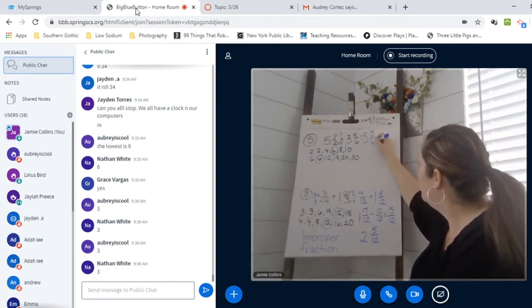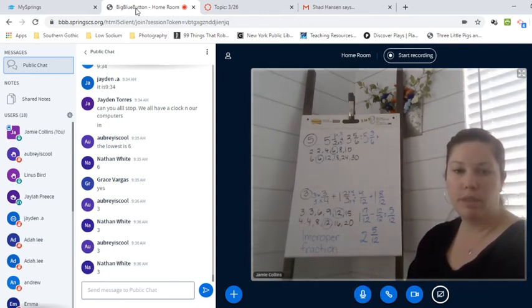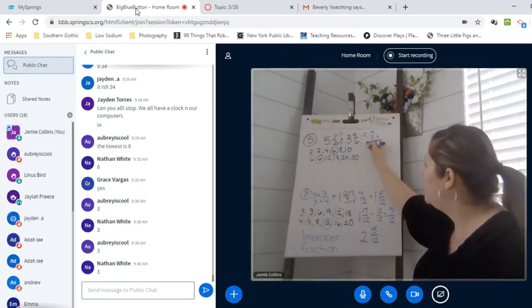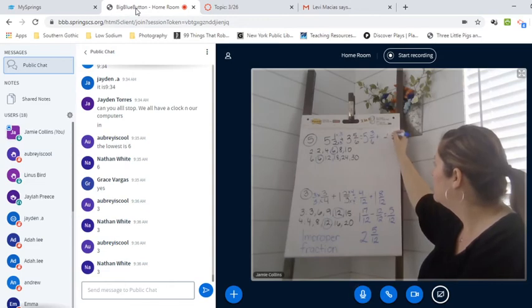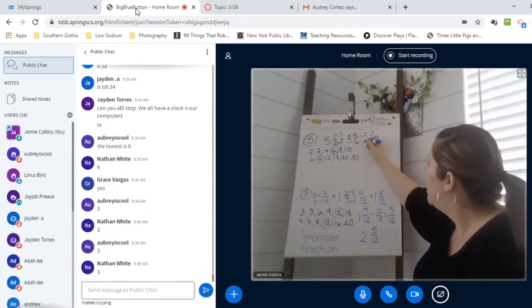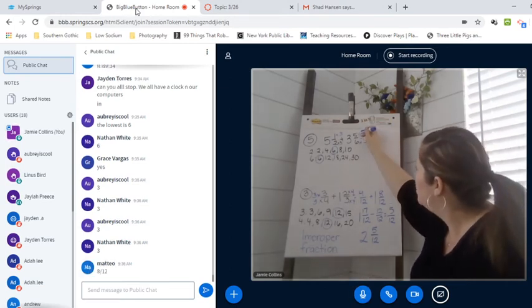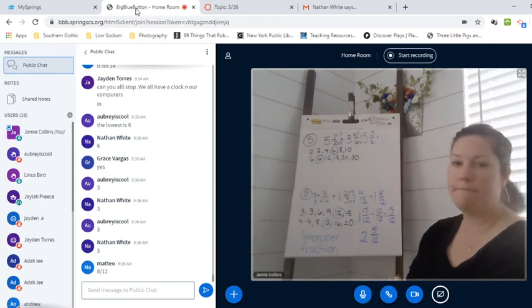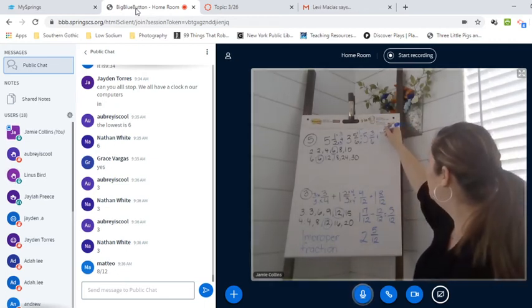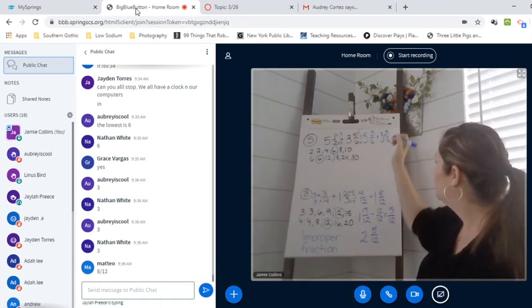So our new equivalent fraction is going to be 5 3/6. Now let's do the second part. So 6 times what equals 6? Times 1. Whenever I do the bottom, I have to do the top. So what's 5 times 1? 5. Yep, so my 3 stays the same, and then 5/6.